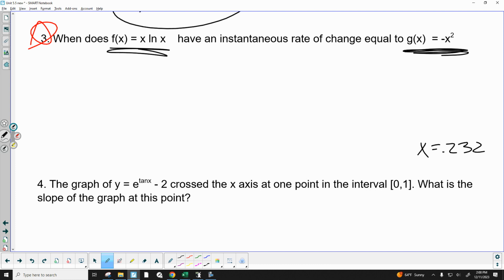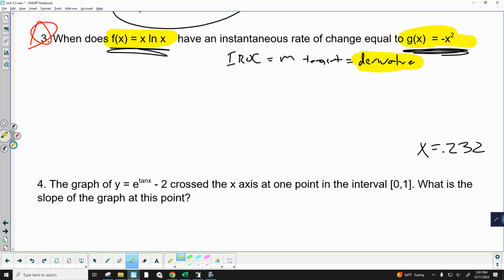What's another word for IROC? Slope of a tangent or derivative. Great. That's very important, guys, to make sure you have all of those translations. So you're trying to figure out when this and this have the same derivative. Do you think you could set something up for me? Okay, go ahead and do that.